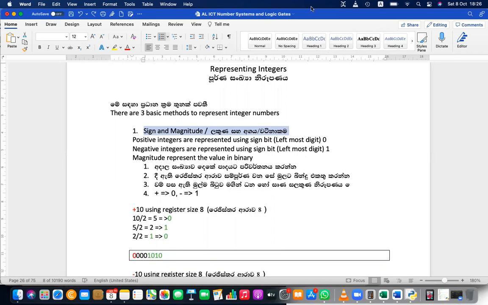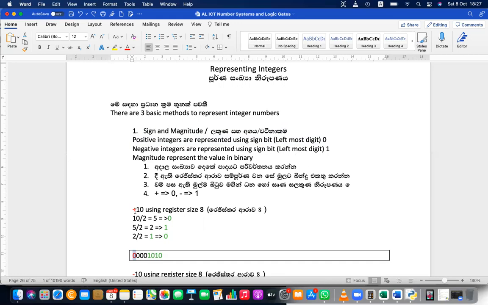But the problem with this numerical data is that there are negative and positive numbers. The positive values are there, negative values are there. Therefore, there are 2 ways to represent that. If the first digit is 0, the value is called positive.